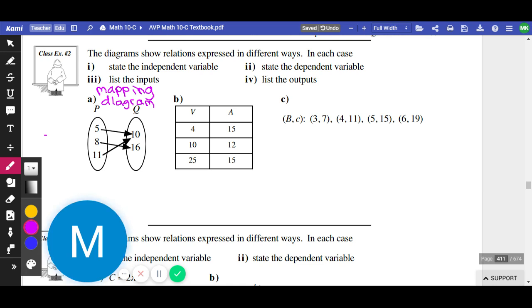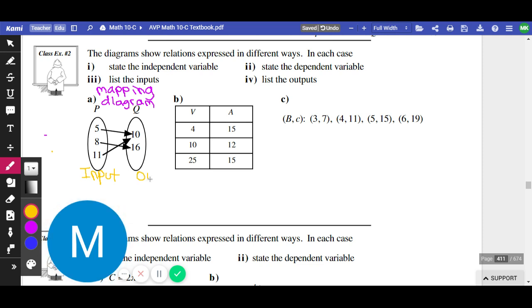Okay, the input is the one that has the arrows pointing away from it. So looking at this, that means this is the input. Because the arrows are coming away from it. I choose one of these numbers, I choose 8, and it gives me an output. It points to something else.